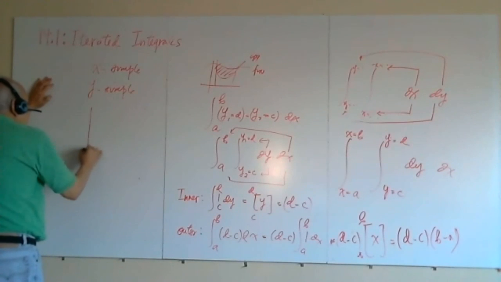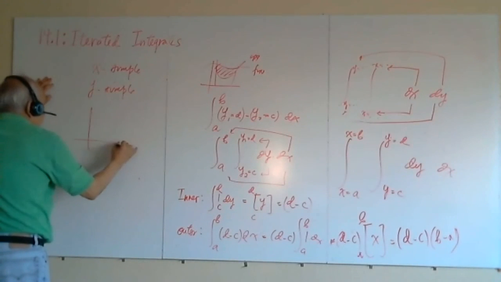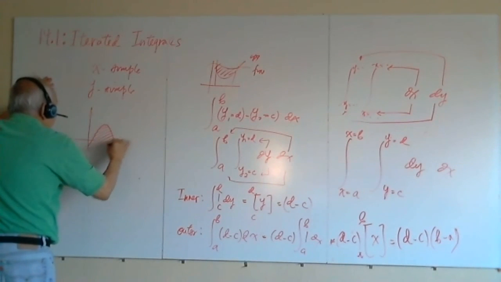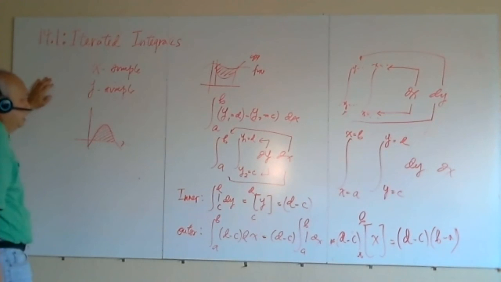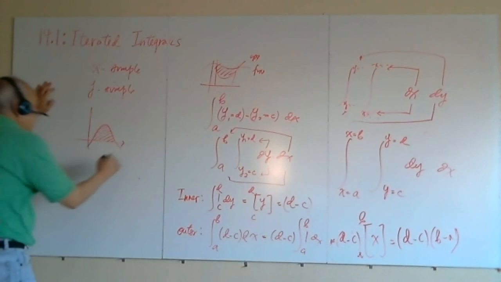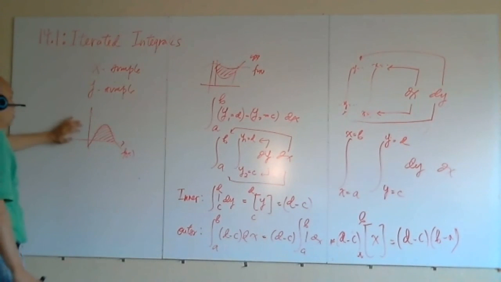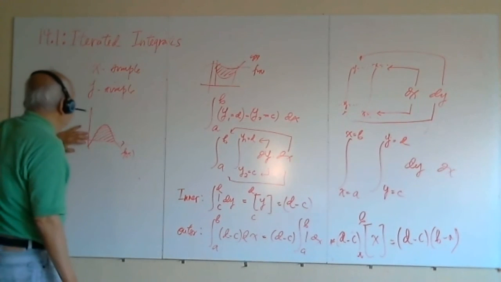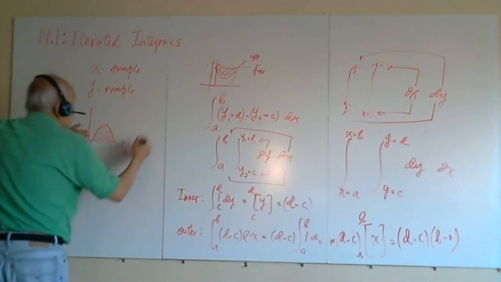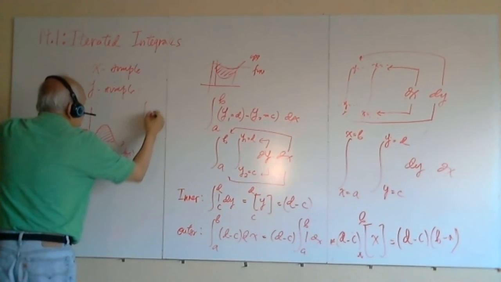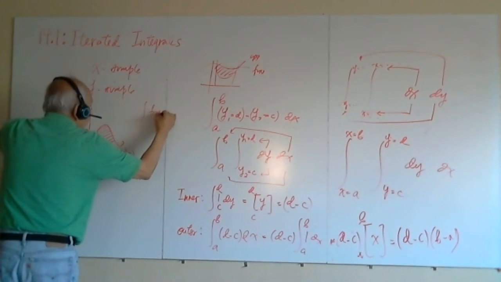So let's say you have a graph like this, and you need to find the area of the shaded region. If this one is here, this is what we call X simple, because it is very easy to find the area just by using the integral of f dx.